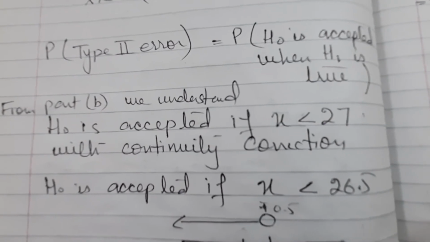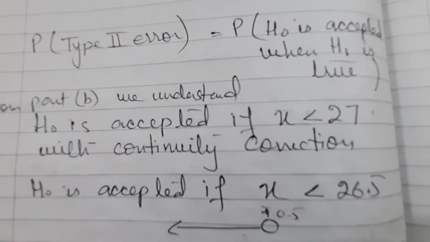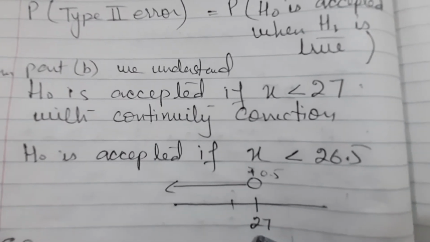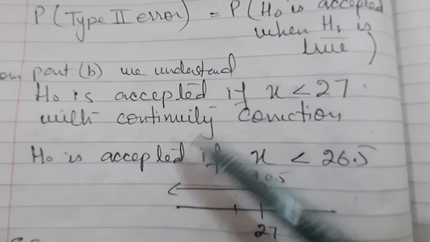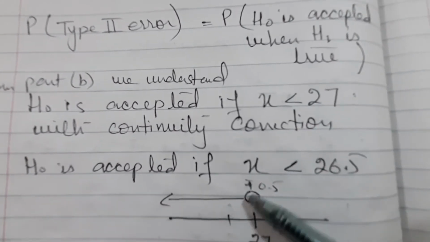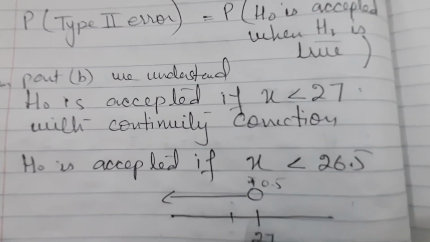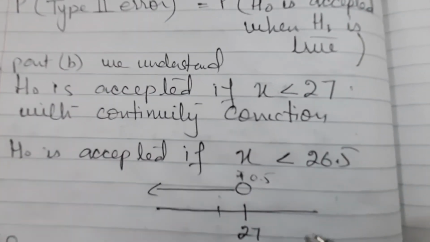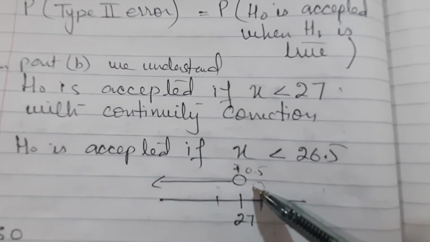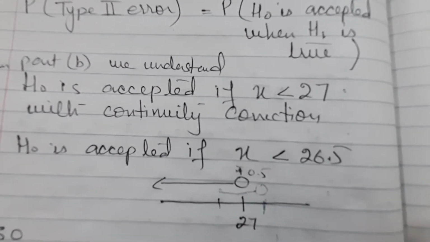Now again the continuity correction you have to apply. With the help of a number line, if this is 27 and you have to take the left hand side, it is saying less than. Now you see the equals to symbol is not here, so it means this is not included. So if you add 0.5 to it, the number will come somewhere here, and if you go from here to the left, 27 will be included.